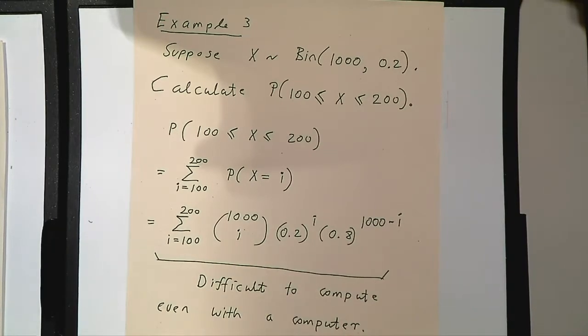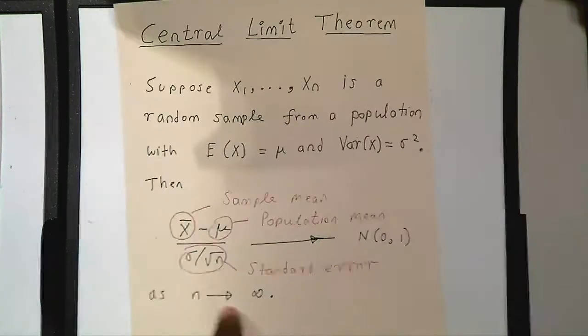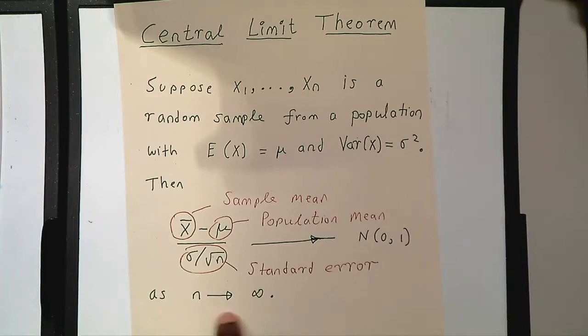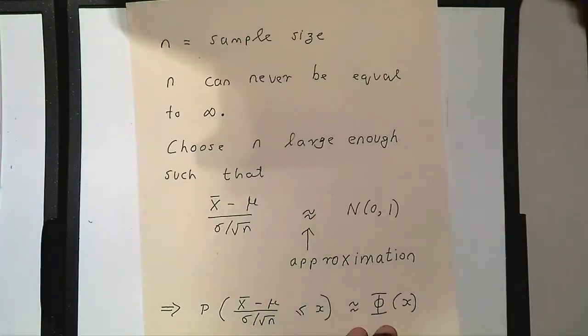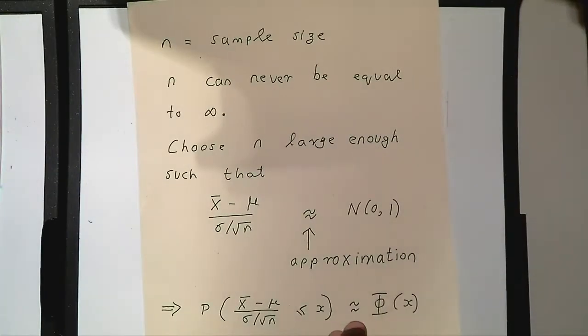And this is where the central limit theorem comes in, right? So I introduced the central limit theorem, which is this one here. It says that this guy here approaches the standard normal as n, the sample size, goes to infinity, right? But the sample sizes can never be infinity, because in practice nothing is infinite.